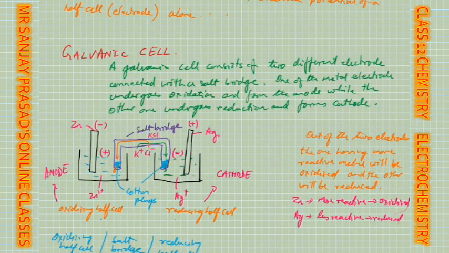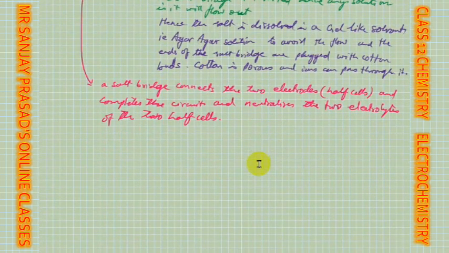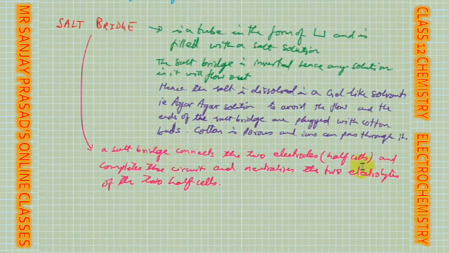Clear? So that way, in this galvanic cell, when a salt bridge is added, it neutralizes the two electrolytes. Remember that this is a very important point. If they are not neutralized, then you can never get the potential difference. The main thing is the two liquids have to be neutralized, then only you can measure the potential difference.